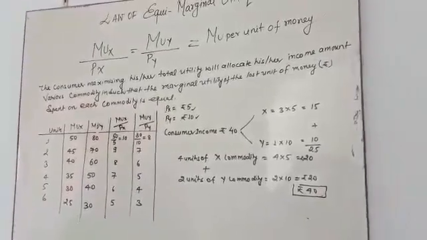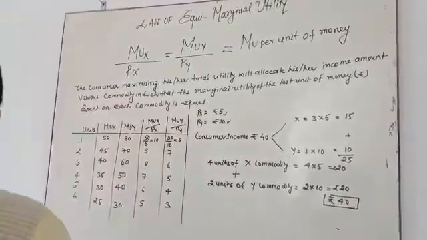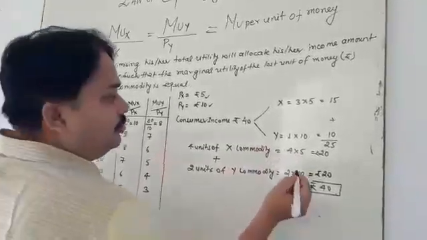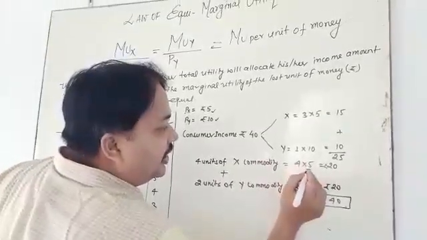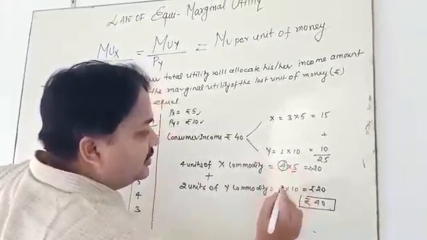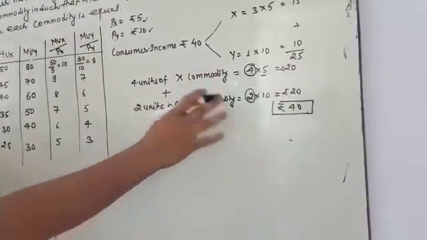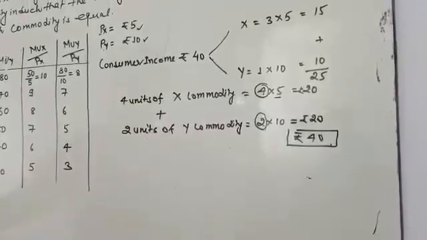So in this situation, the consumer is going to spend all the money. What quantity is going to be purchased? 4 units of X and 2 units of Y commodity. So it is a situation.